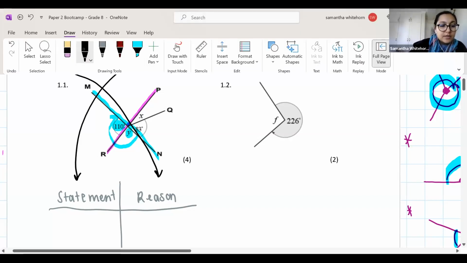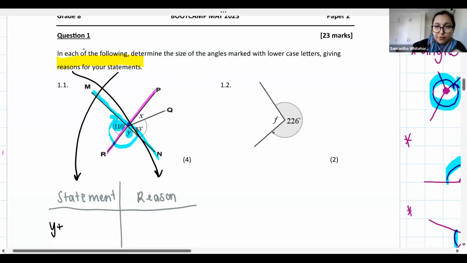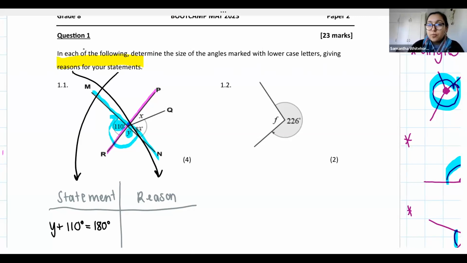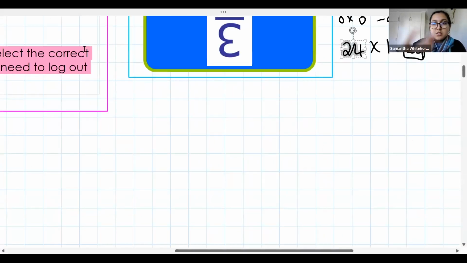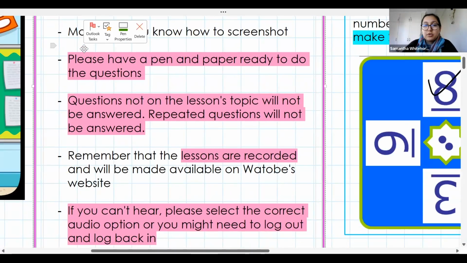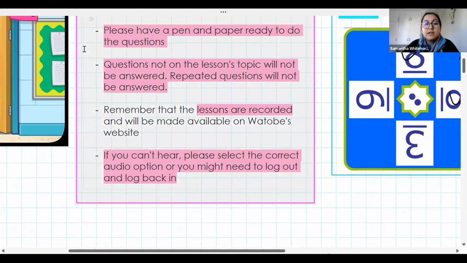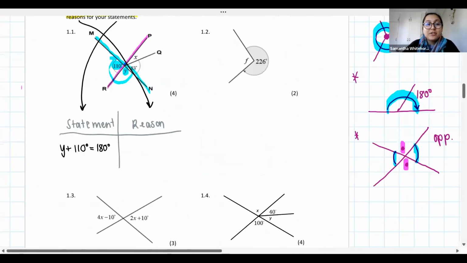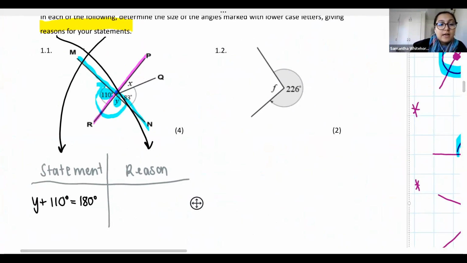So remember, our statement was the fact that Y plus 110 degrees must give me 180 degrees. And why am I saying that this statement is true? It is because we have got angles on a straight line.